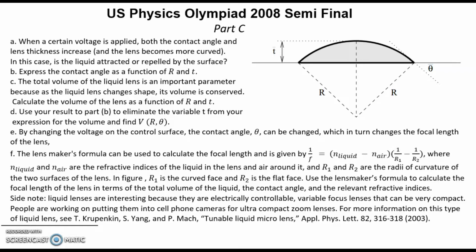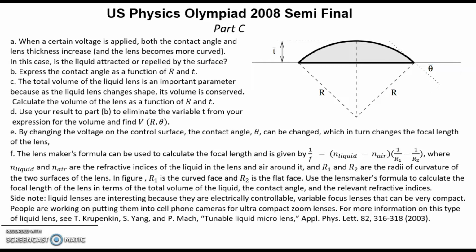Use the lens maker's formula to calculate the focal length of the lens in terms of the total volume of the liquid, the contact angle, and the relevant refractive indices.